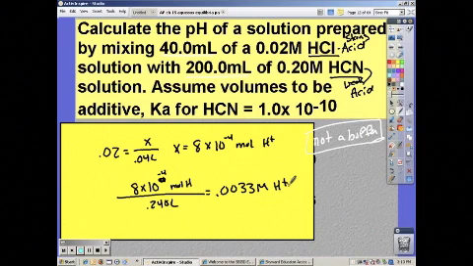Which gives you 0.0033 molarity of hydrogen. So pH is 0.247.